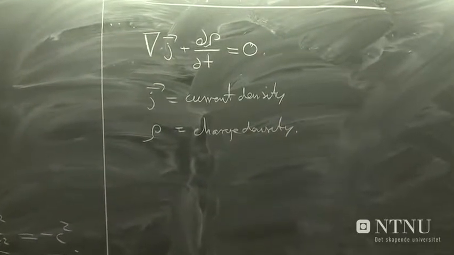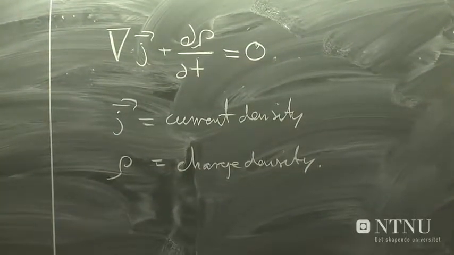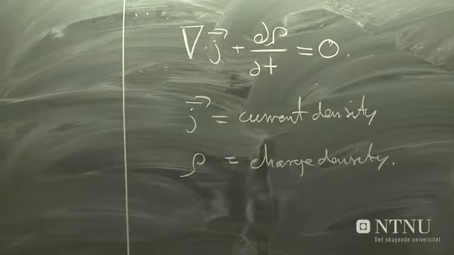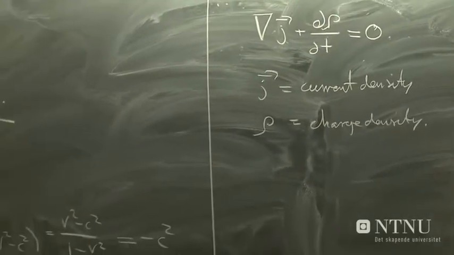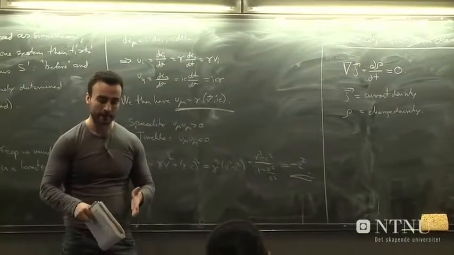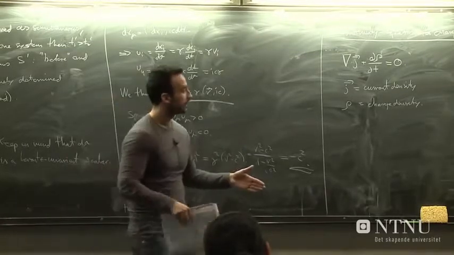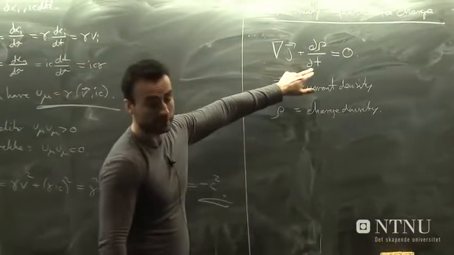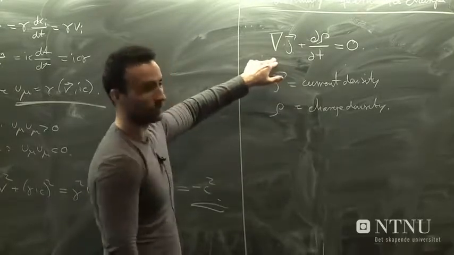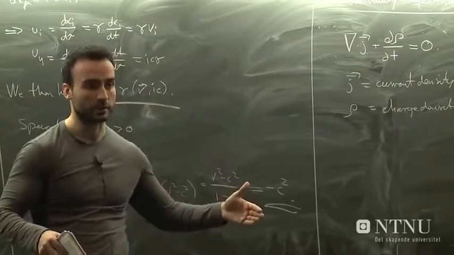J here is the current density vector and rho is the charge density, so it's a scalar. It's the amount of charge you have per unit volume. What this equation states is that if there's a change in the charge density with time, then there has to be a belonging either inflow or outflow of charge. If there's no change in the charge with respect to time, then this is zero. So there's either no charge streaming in and out of the system, or there's equally much going in as out.